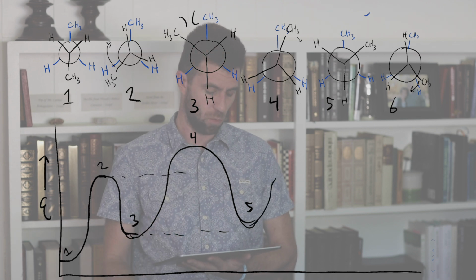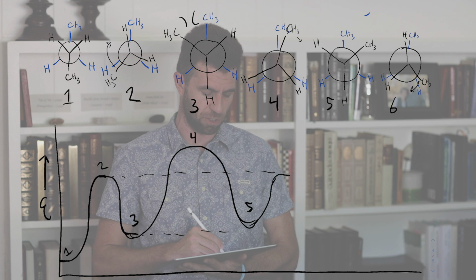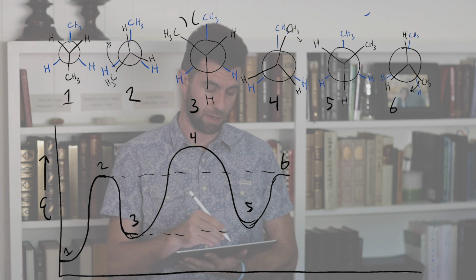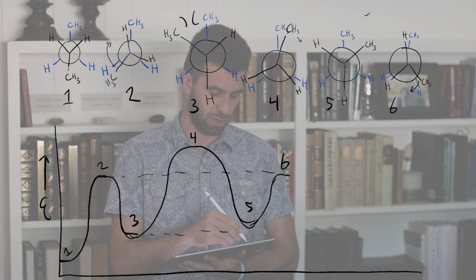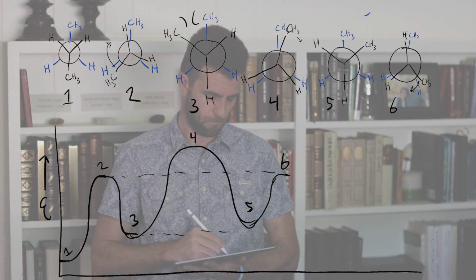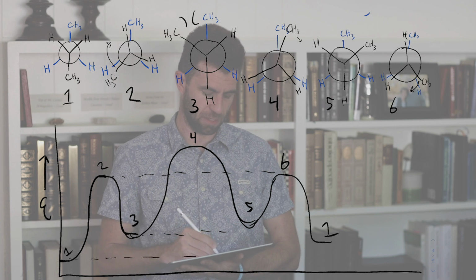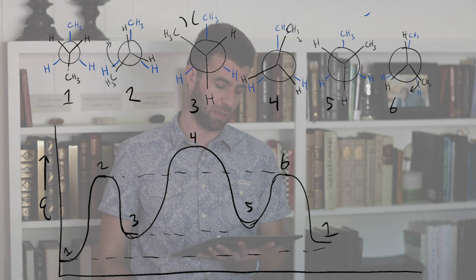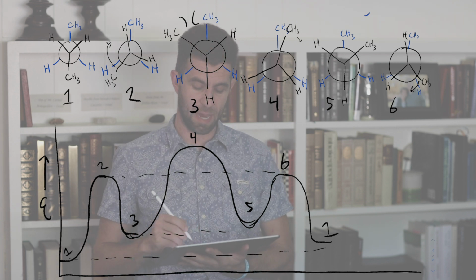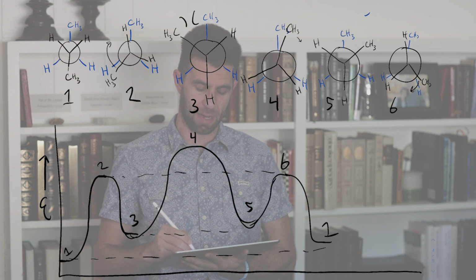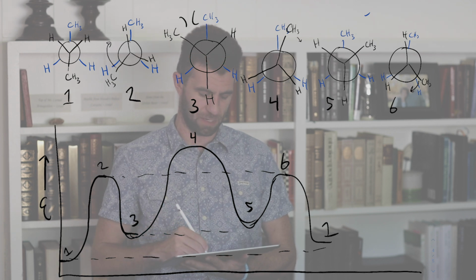But that should be this same height, right? We're now eclipsed, but with not the largest groups eclipsing each other. So that's why we're a little lower in energy. And then finally, we're going to return to position 1 over here, where we are the lowest in energy. So that's kind of how energy relates to these as they rotate around.